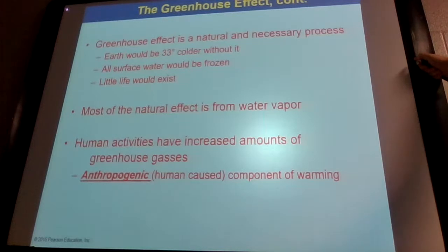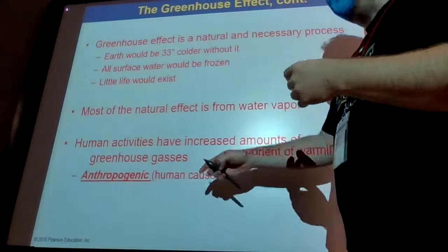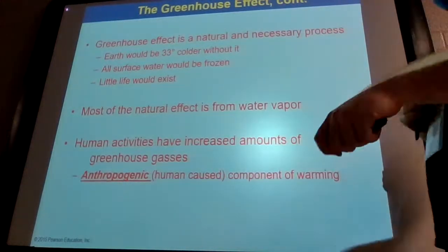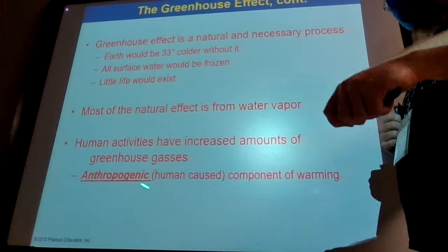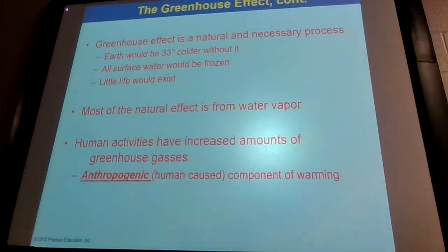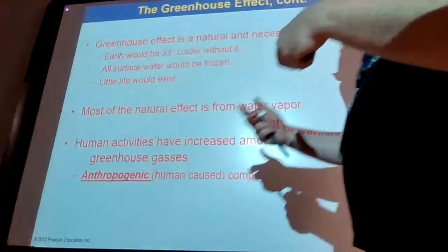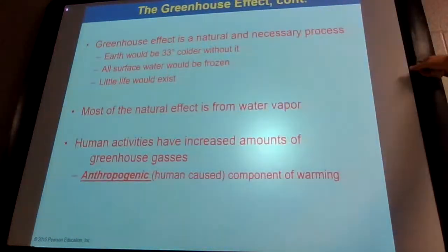So most of the natural effect is from water vapor. This is your greenhouse effect that they're referring to. Human activities have increased the amounts of greenhouse gases. This is called anthropogenic greenhouse gases. Anytime you see that word anthropogenic, it has to do with humans. Anthro is humans.